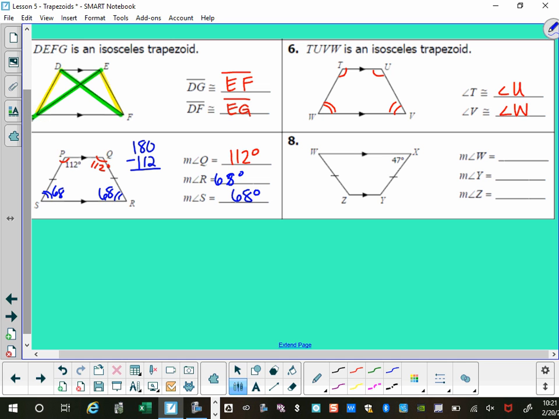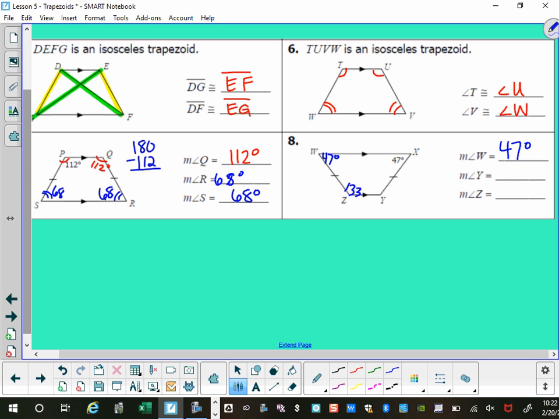All right, number 8. Aaliyah, what is angle W going to be? 47, good. So Aaliyah just told us that angle W is 47. Kenzie, how can I find angle Z? Okay, so what's 180 minus 47? 133.